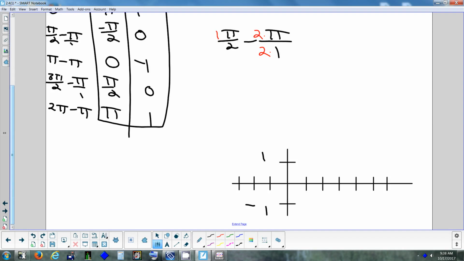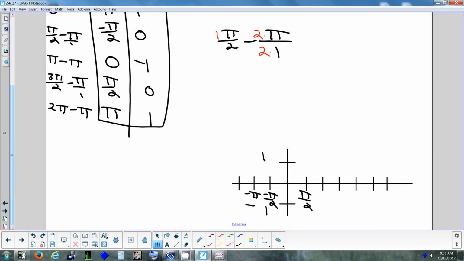Okay, 1 to negative 1. If you want to write your labels above the line or below the line so you don't end up drawing over them, you can do that. I'm going to put my labels down here for that one and that one. You don't need to label 0 because I know the y-axis is 0.